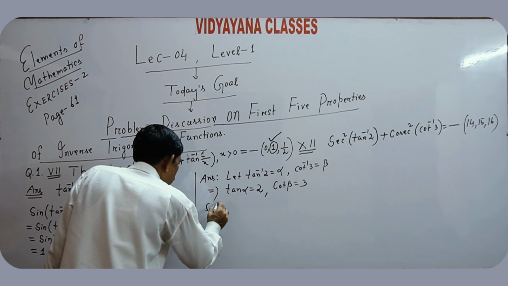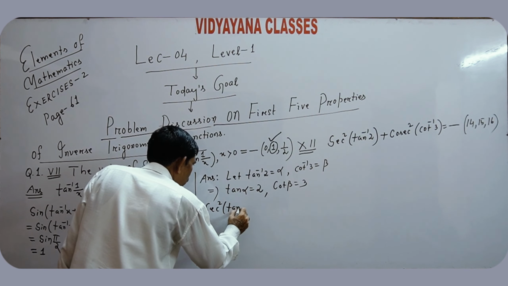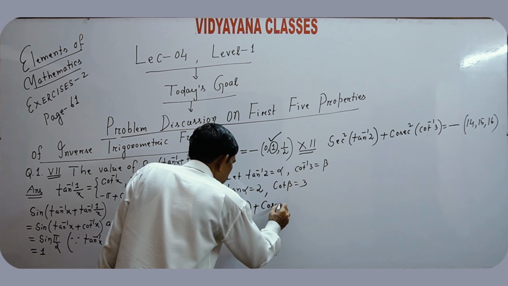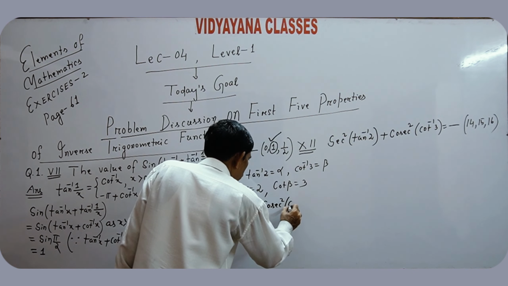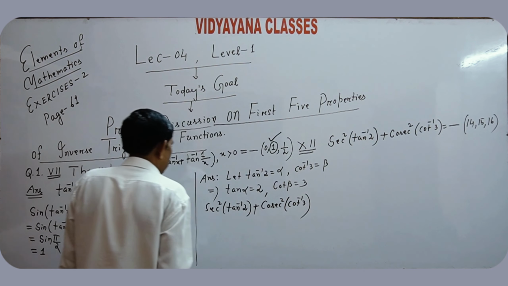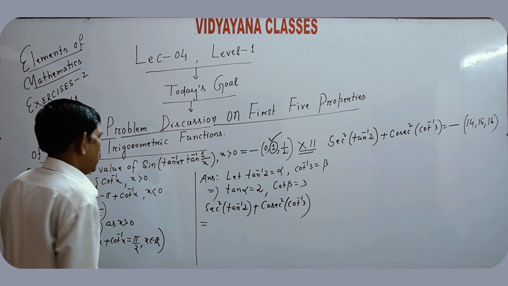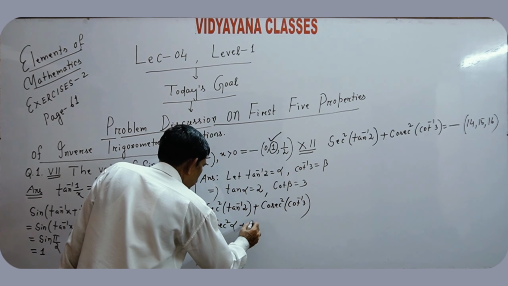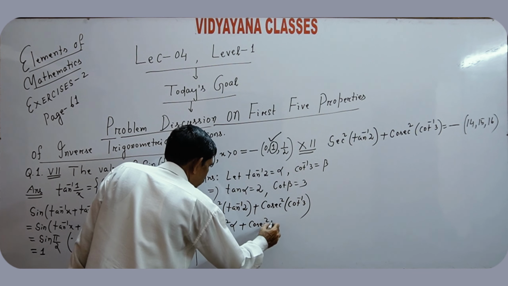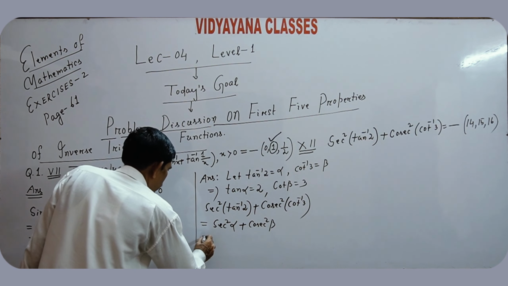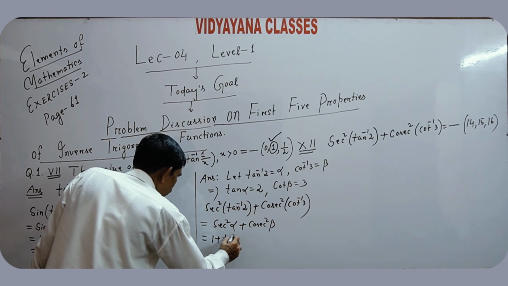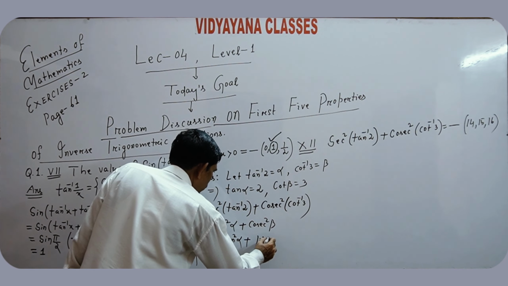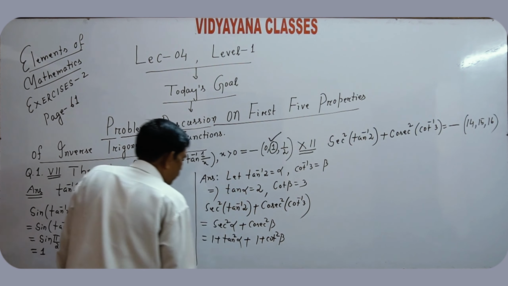So sec square tan inverse 2 plus cosec square cot inverse 3, which is the same as sec square alpha plus cosec square beta. Sec square alpha is equal to 1 plus tan square alpha, cosec square beta is equal to 1 plus cot square beta.